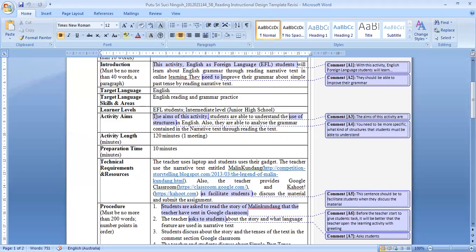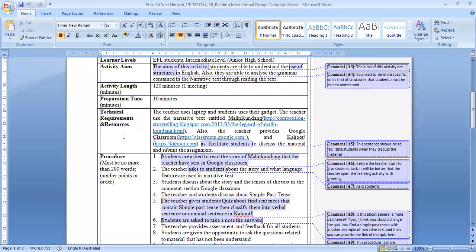I think it will be better if the aims of this activity are: students are able to understand the use of structures. I think you need to be more specific about this use of structures. What kind of structures must students be able to understand? You should describe that in the activity aims.